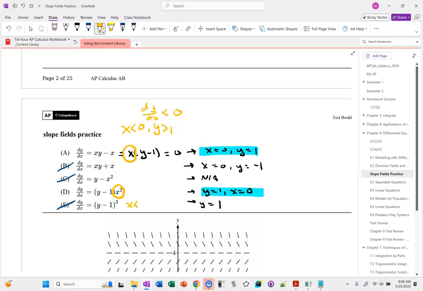Here, again, if I pick x as a negative value and a y greater than 1, my slope should be positive, right? Because the x squared. So that's what I'm going to do to tell the difference: find a point on my slope field that has an x value less than 0 and a y value greater than 1, and look to see if the slope is positive or negative. That will allow me to tell the difference between the two.